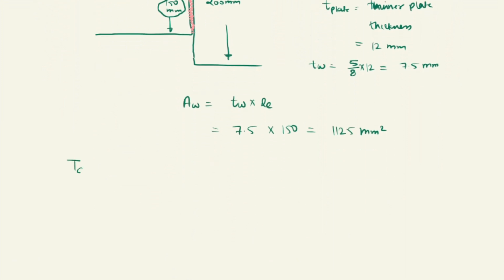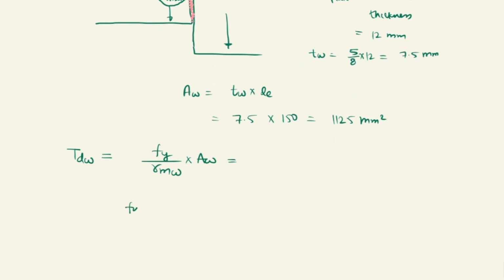Okay, and the design tension capacity formula is governed by yielding. So the formula would look like this. So what is going to be Fy? Fy is going to be the minimum of weld capacity and the parent metal.